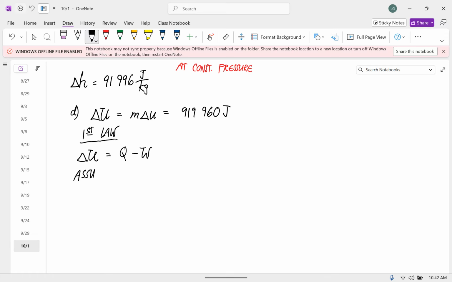We're assuming incompressible. So the volume is constant, the specific volume is constant. So the extensive volume is also constant.